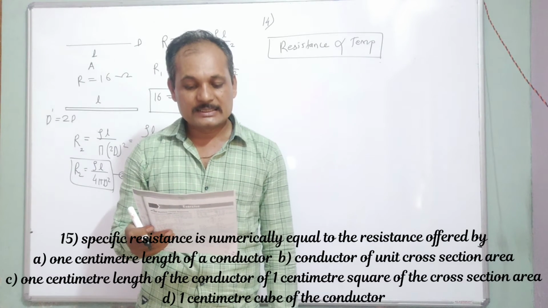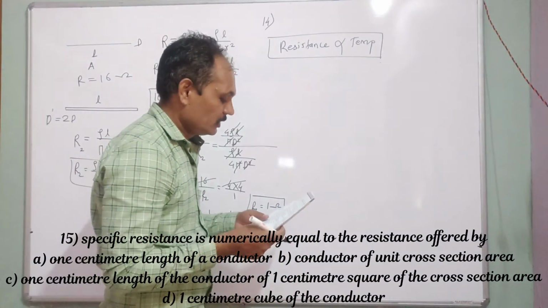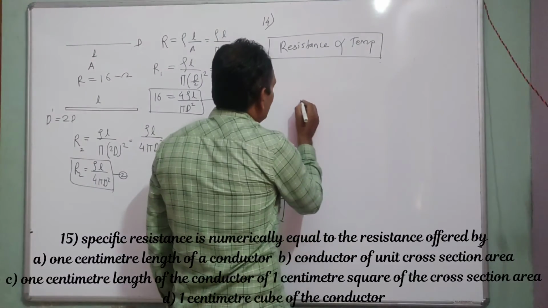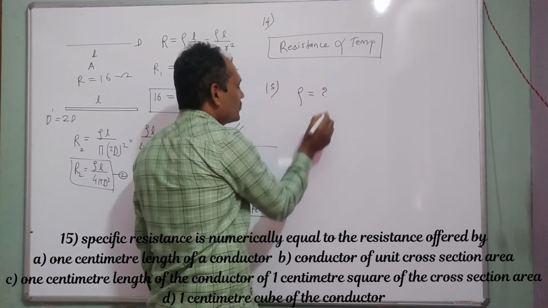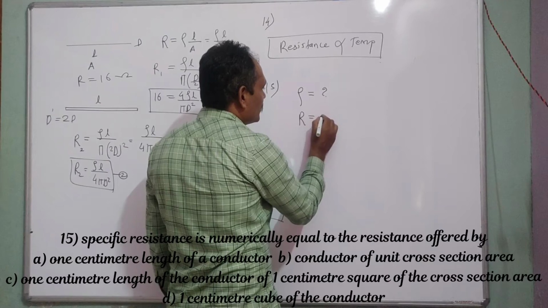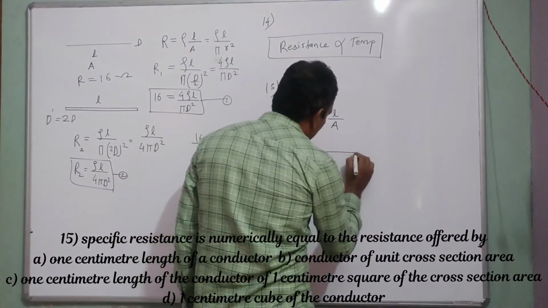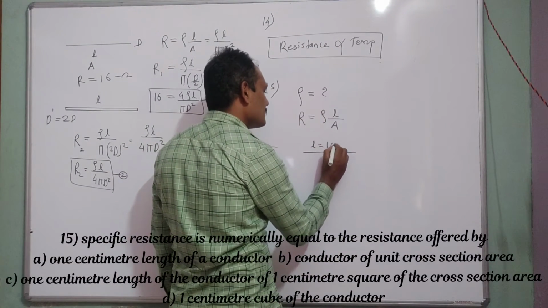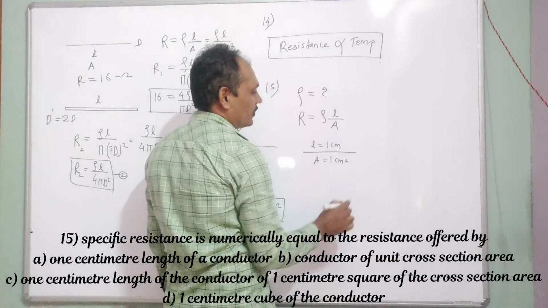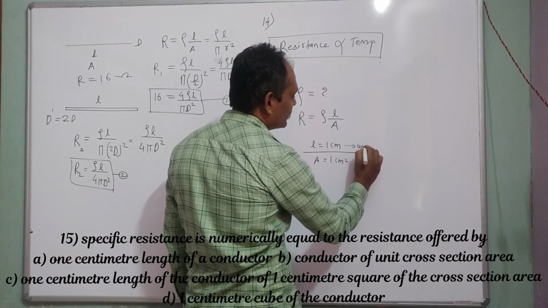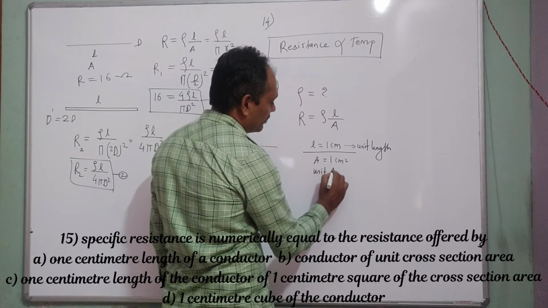The specific resistance is numerically equal to the resistance offered by... That means calculating the specific resistance. The formula is R equals rho L upon A. Now suppose the length of the wire is L equal to 1 centimeter and the cross-section area is 1 centimeter square, that is unit length and unit area.